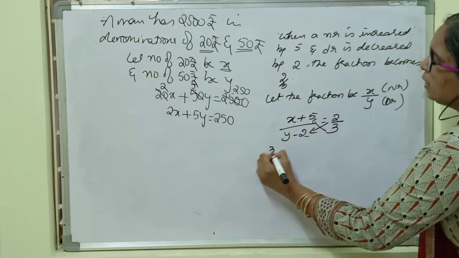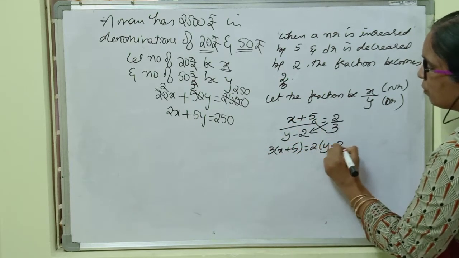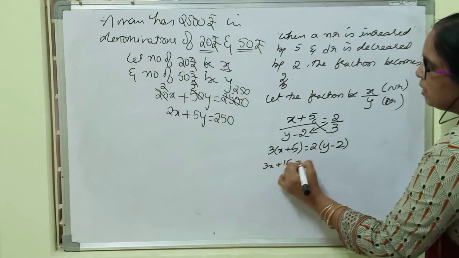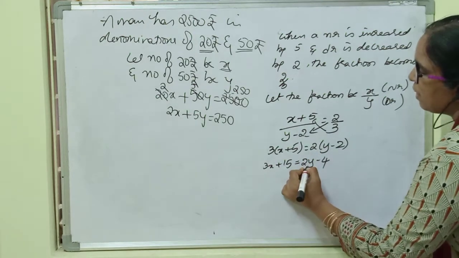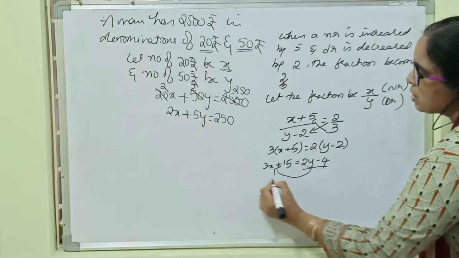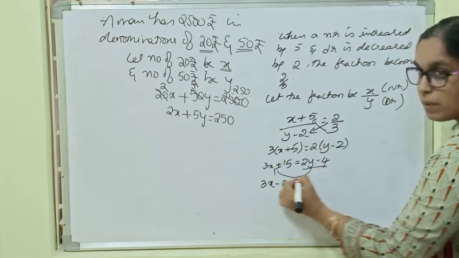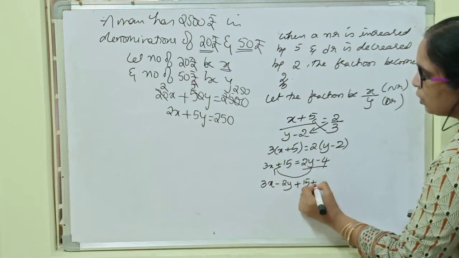So it is 3 into x plus 5 is equal to 2 into y minus 2. So this is 3x plus 15 is equal to how much? 2y minus 4. To further simplify, I will take all these terms to this side. So it is 3x, and 2y when taken to the other side is minus 2y, and this is plus 15, and this minus 4 becomes plus 4.